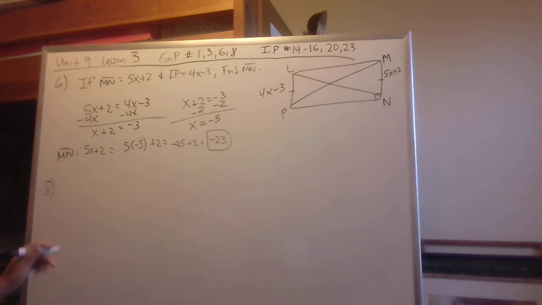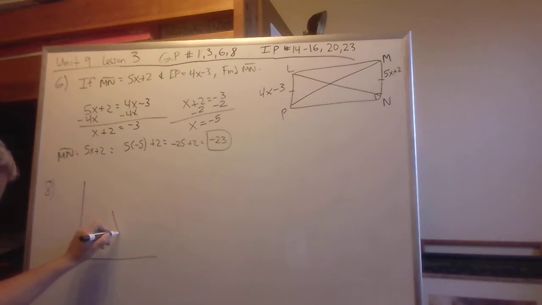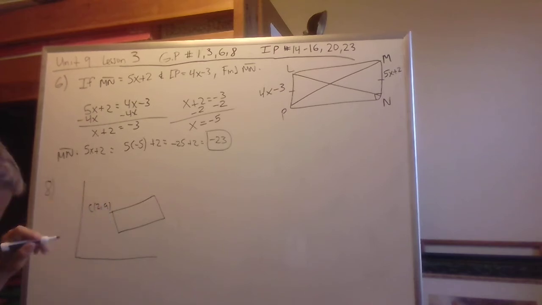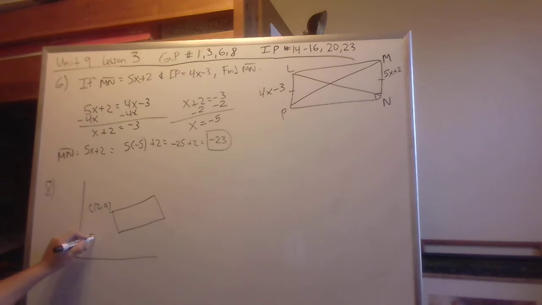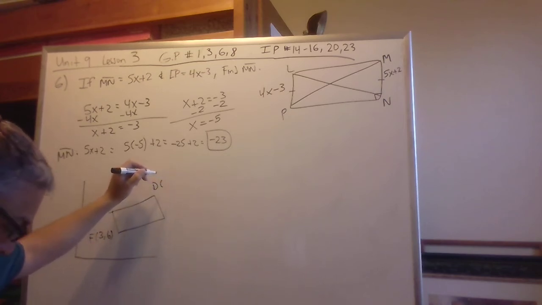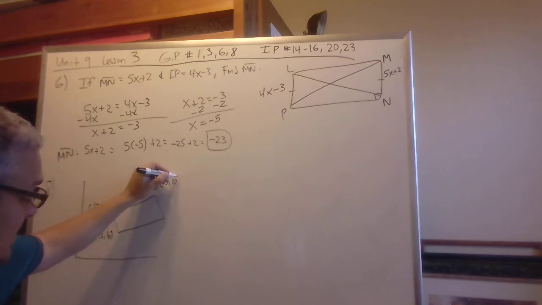So we have this graph that looks like this. We have point C, and that's at 2, 9. We have point F, which is at 3, 6. We have D, which is at 5, 10.